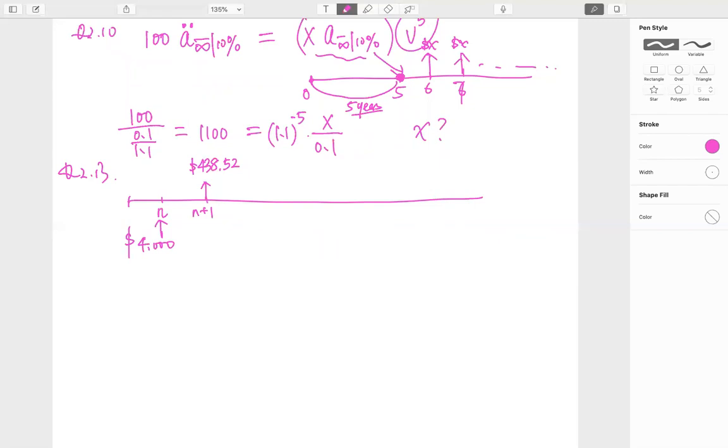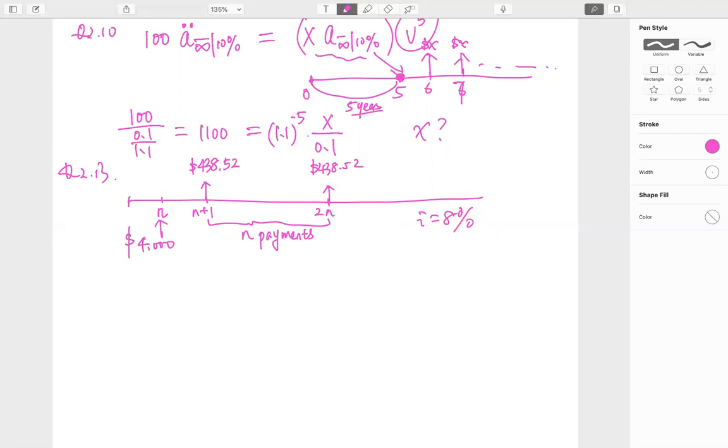For how long? For n years. So we know here we have n payments. We know the effective interest rate is 8%, but we don't know n.